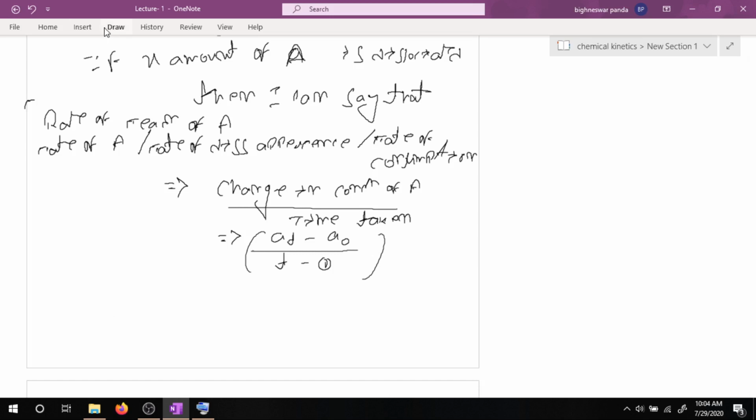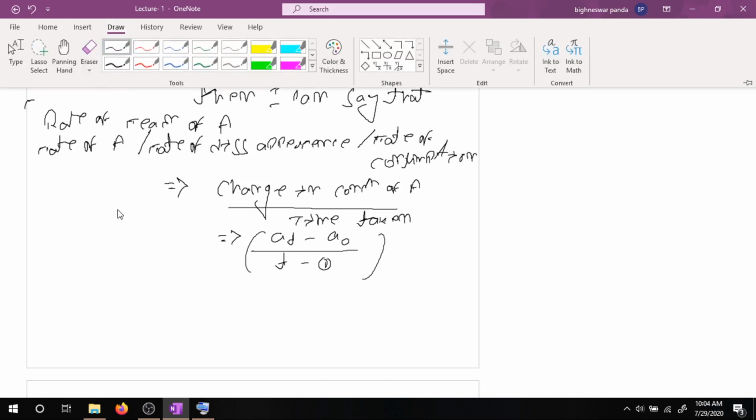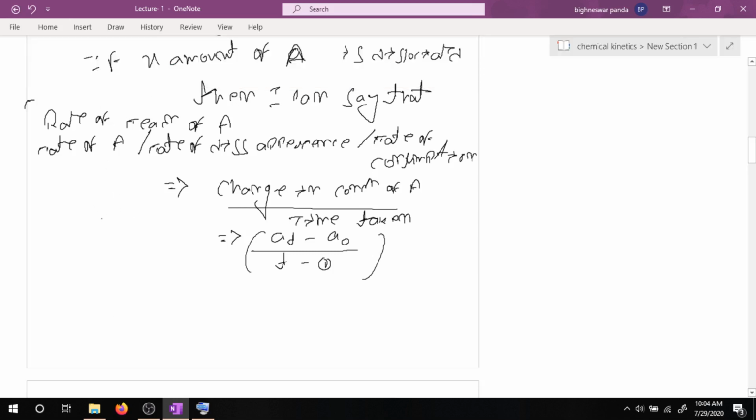So since here At is less than A0, At minus A0 will be negative, so we write negative of At minus A0 by t. Why is there a minus sign?